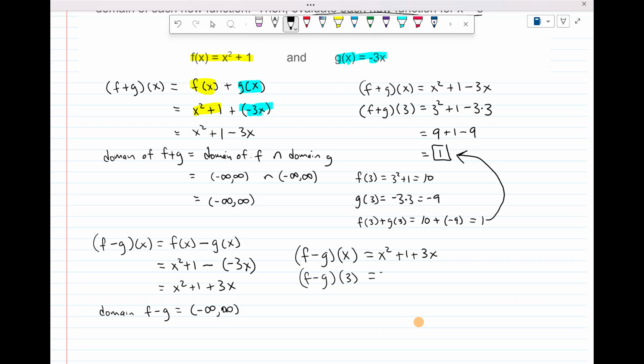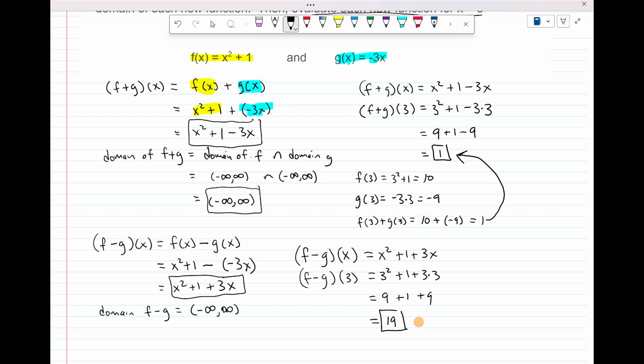So everywhere I see an x, I replace it with a 3. And this ends up being 9 plus 1 plus 9, which is equal to 19. All right. And I'm going to circle some of my answers from before.